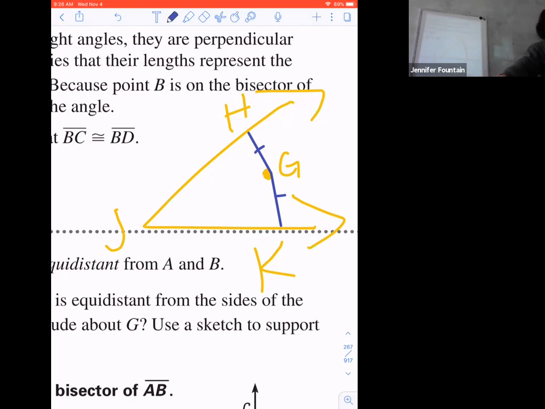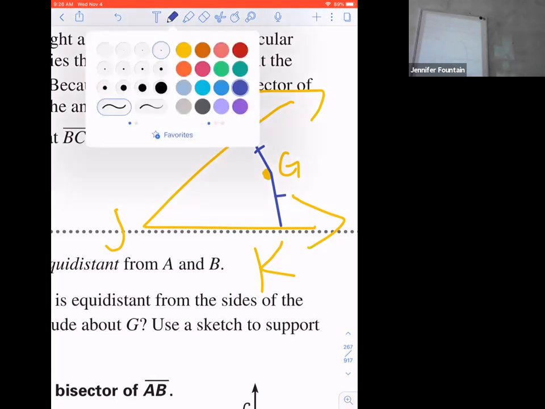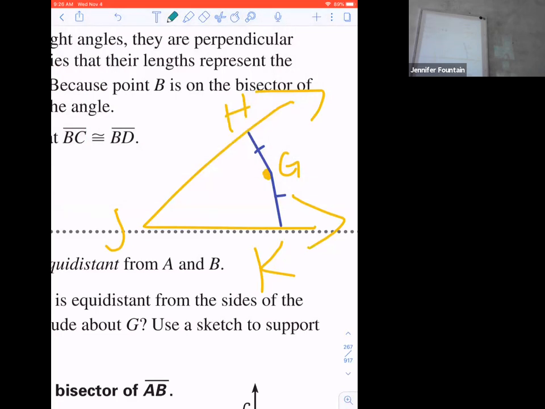They've already told us it's equidistant. So what else can I conclude? Now look back at your theorems. Look at theorem 5.3 and 5.4. Look at those drawings. When I have a point that is equidistant from side to side, what kind of line is that lying on? The bisector line, the angle bisector. So I can conclude that if they're equidistant from either side, then G lies on the angle bisector.